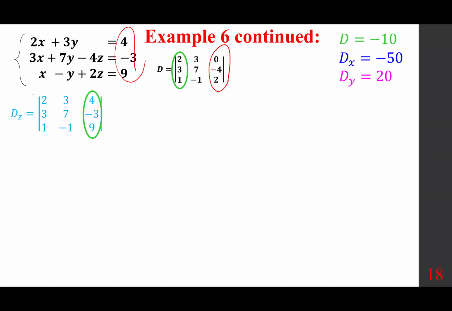Now we're going to expand it with respect to this. So that means 2 times this, minus 3 times, get rid of this, have 3, 4 minus 1, 9. And finally, you have plus 1, get rid of this, you have those 4.